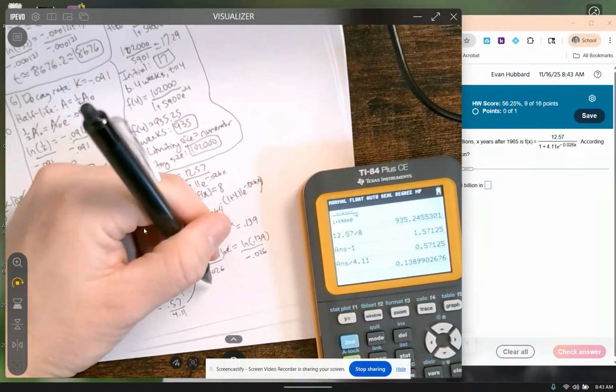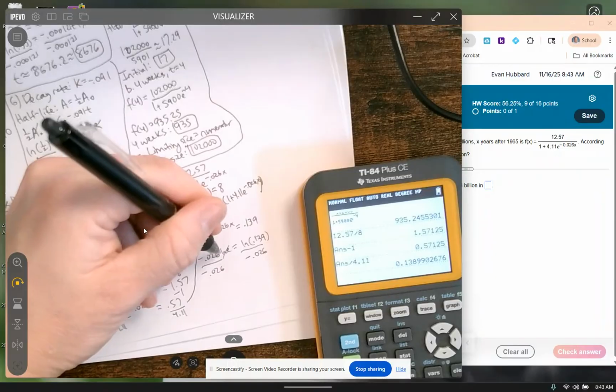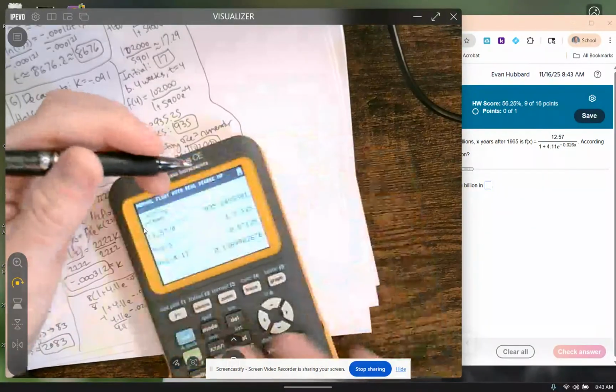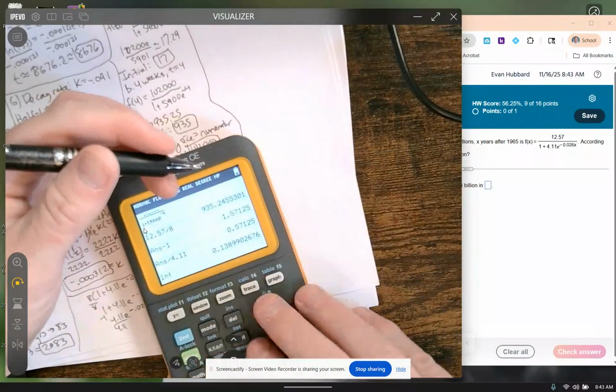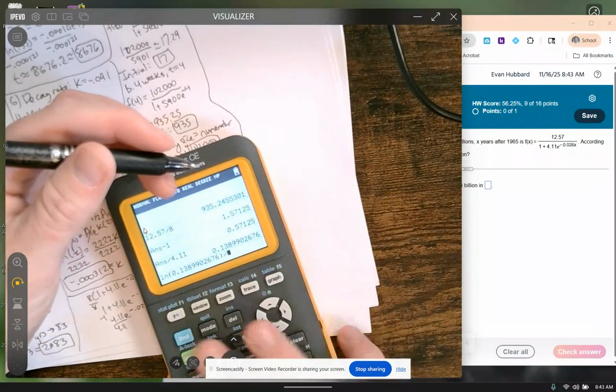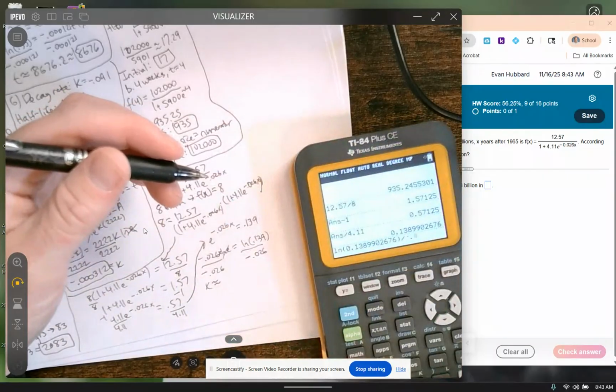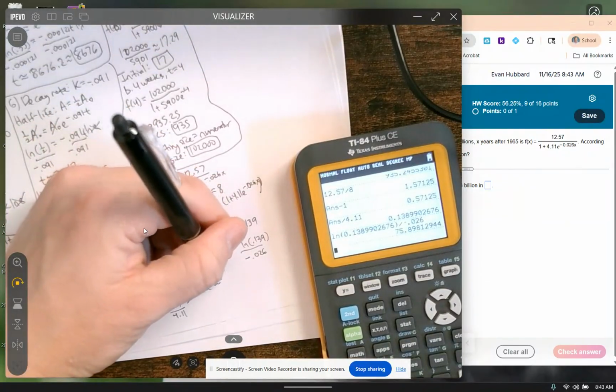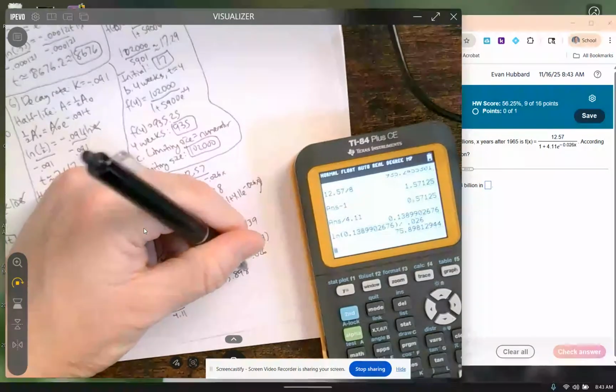So x is equal to ln of this divided by negative 0.026, which is 75.898.